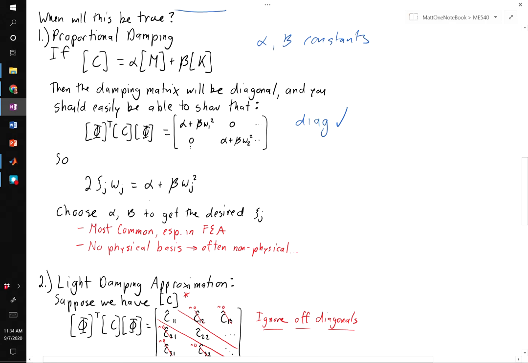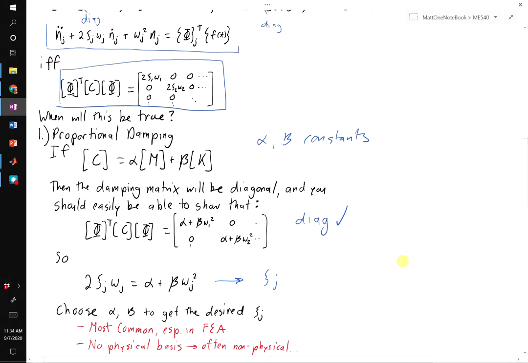So if we knew alpha and beta, we could easily solve this to figure out what zeta is. Typically we don't know alpha and beta, but we might know what damping we want the structure to have, and so we choose alpha and beta to get that. But in any event, this is one way to satisfy this requirement that phi transpose C phi is diagonal.